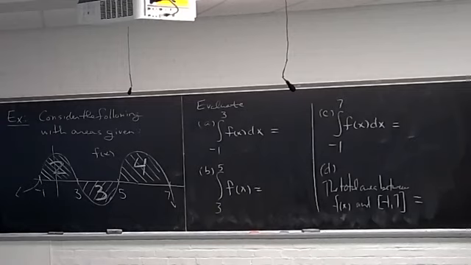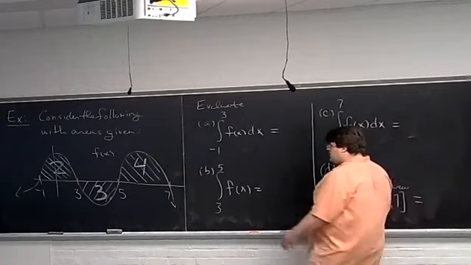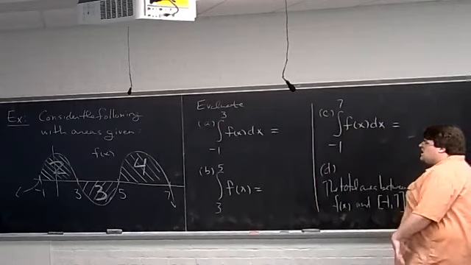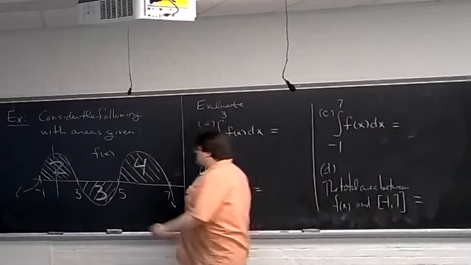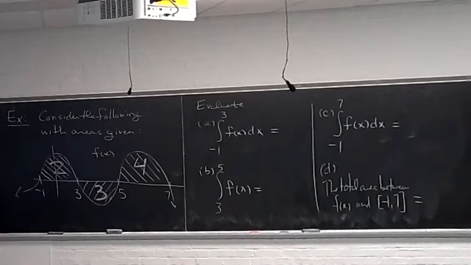So let's evaluate these. Remember, these first 3 are definite integrals. They're definite because there are numbers at the top and bottom. And what does the definite integral say? It says I see areas above the x-axis as positive, and areas below the x-axis as negative.